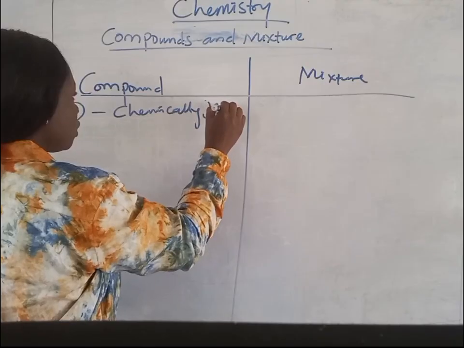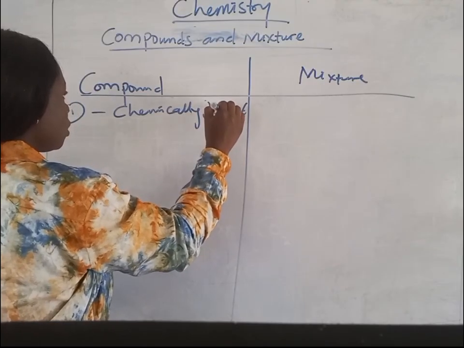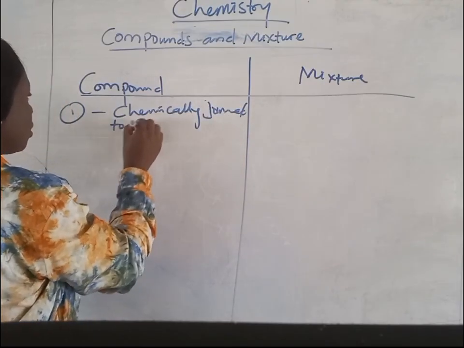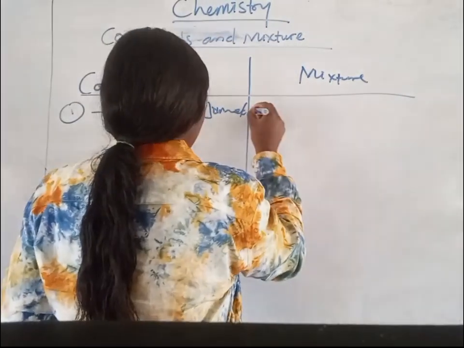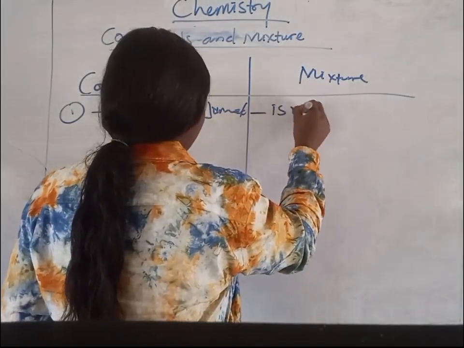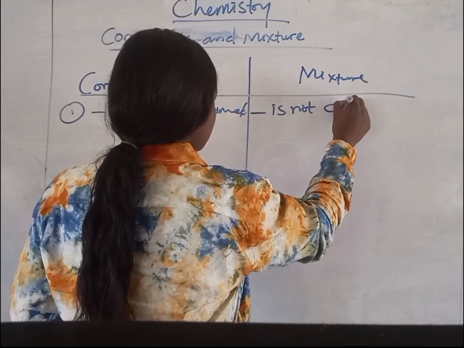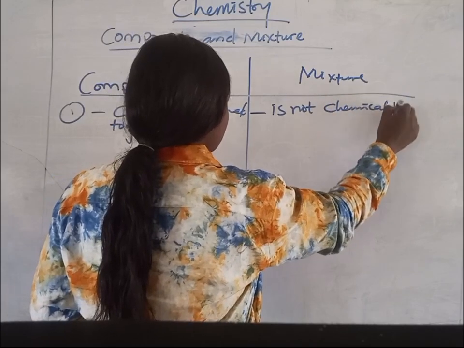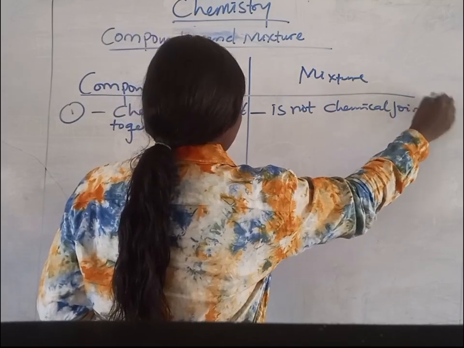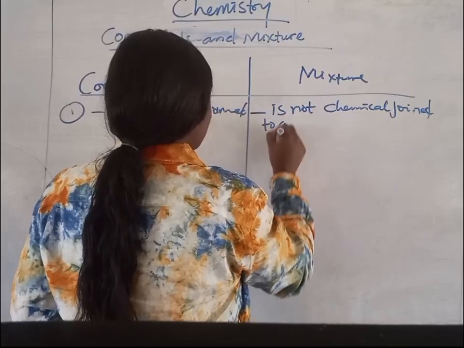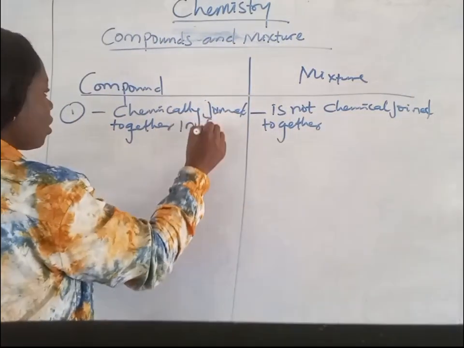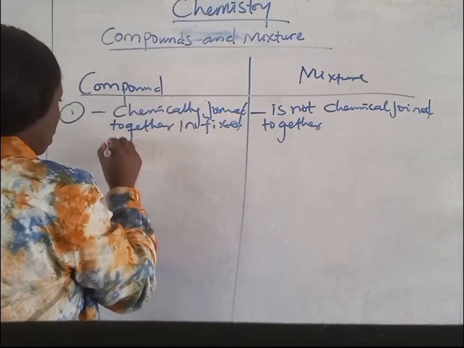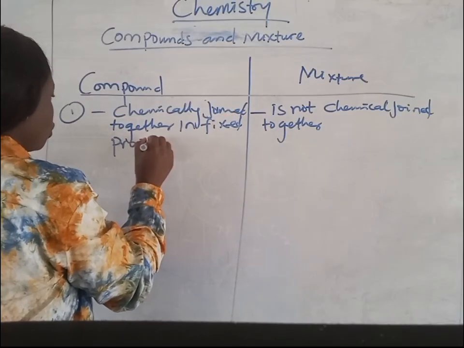Chemically joined together, while my mixture is not chemically joined together. So we can also say it's chemically joined together in fixed proportion.